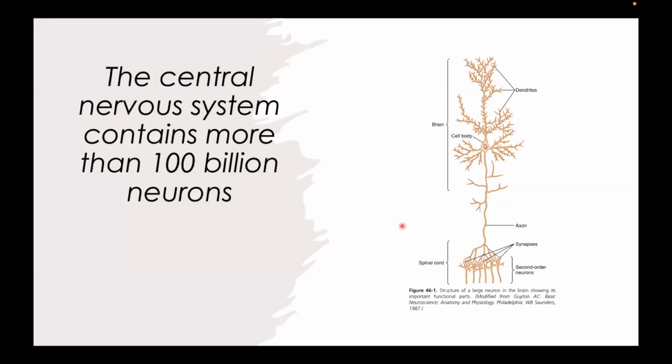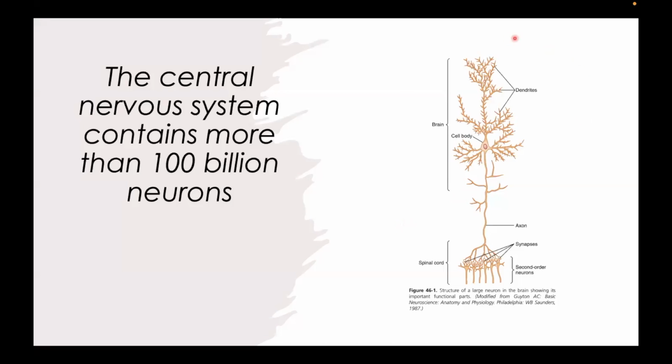Now, let's start off by mentioning that the central nervous system contains approximately 100 billion neurons. Now, here is the neuron.